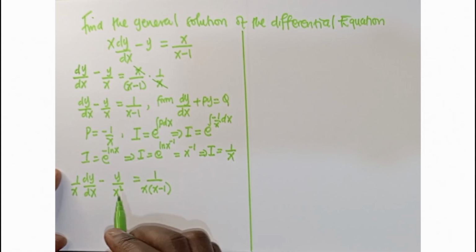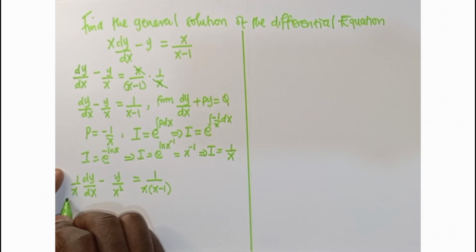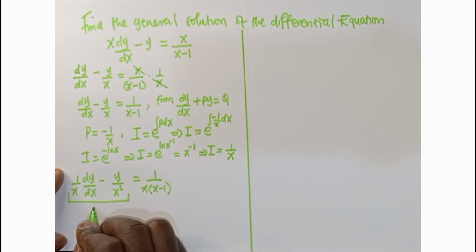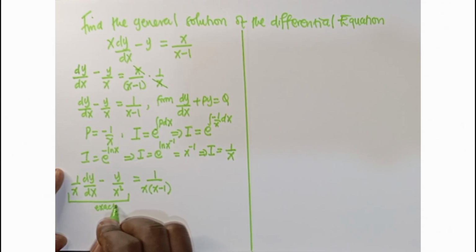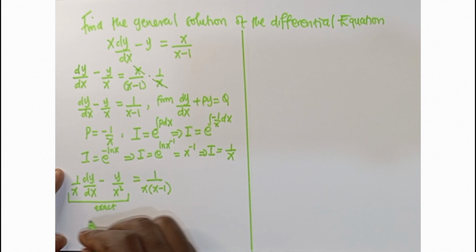Now, we agreed that whenever a linear differential equation is simplified on one side, it becomes exact. So this side here becomes exact, so you can know where it originated. If you haven't seen my video about exact differential equation, I'm going to link it here so that you can go and see it.